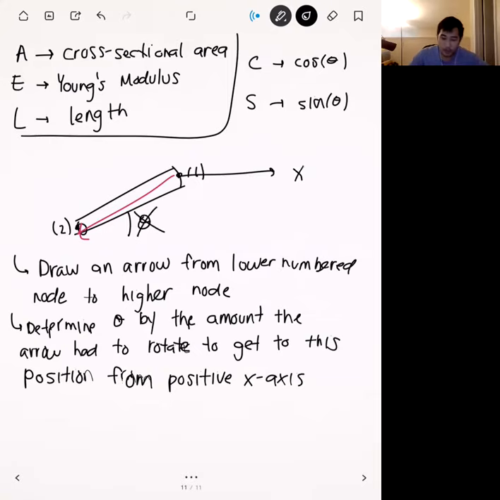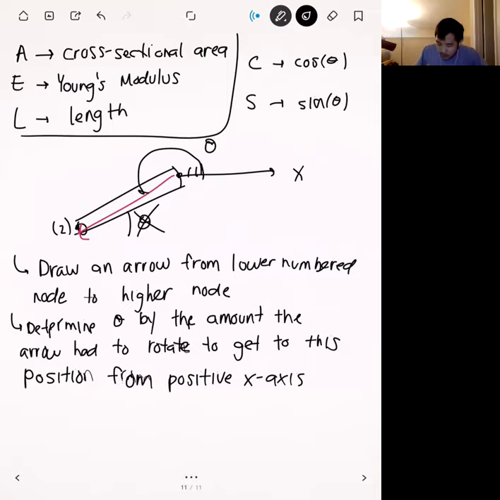The one that you plug in is going to be the angle that you rotate to get to here. And so, with that in mind, you should be able to assign the correct angles. That's just a review for the 2D trusses.